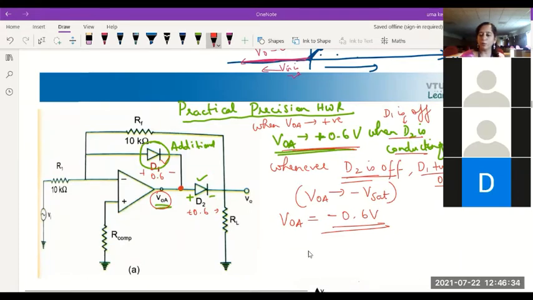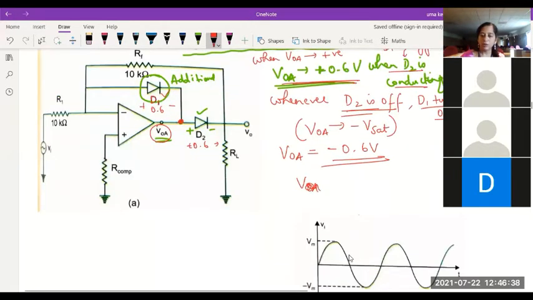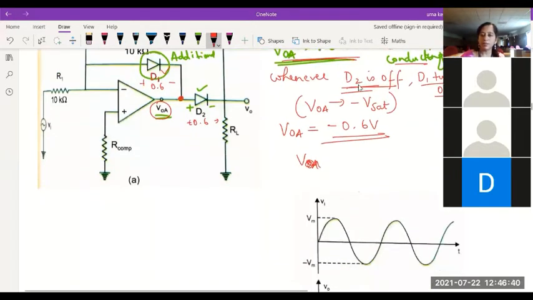If I try to plot VOA, you will observe it will change between just minus 0.6 to plus 0.6. This will be the output of the op-amp.